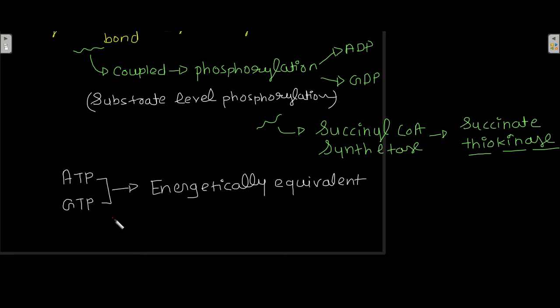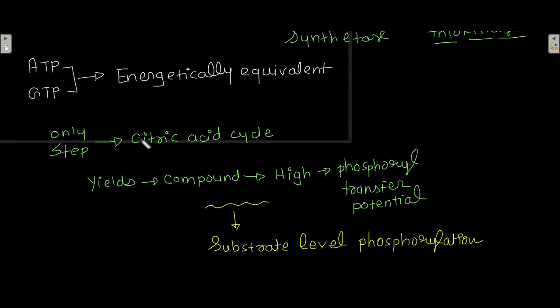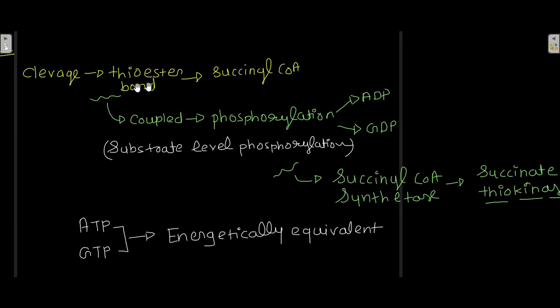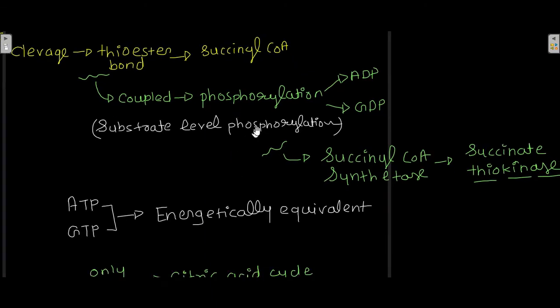Now this ATP and GTP are energetically equivalent. Okay, they have the same amount of energy in them. Now this step, that is the 5th step of the citric acid cycle, in which there is cleavage of the thioester bond of the succinyl coenzyme A, results in ATP generation.